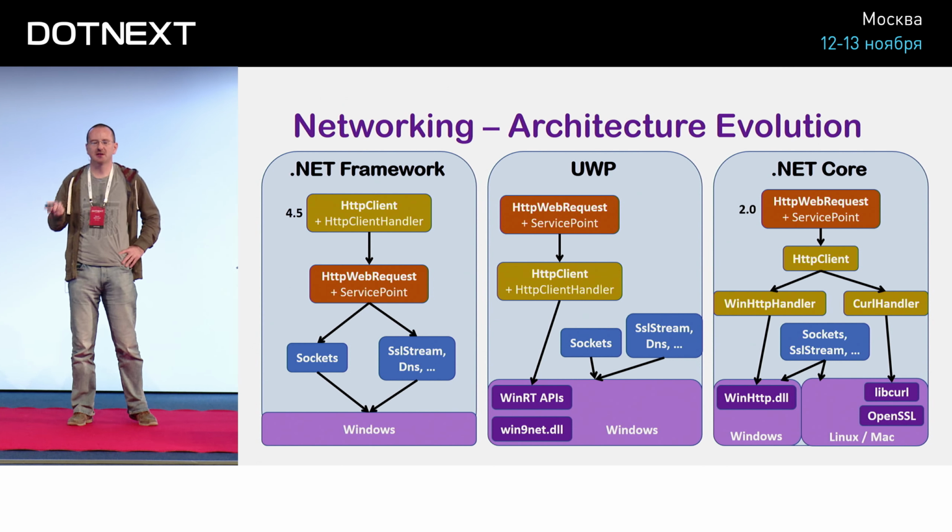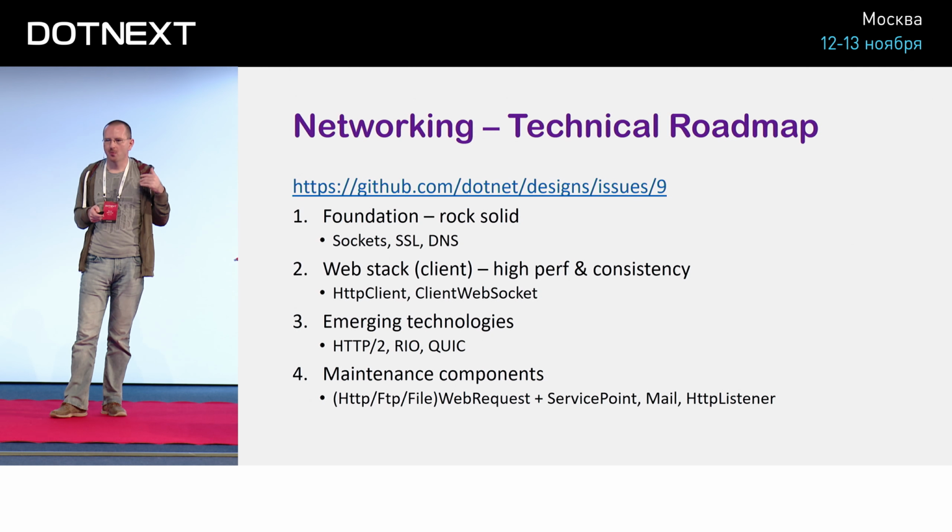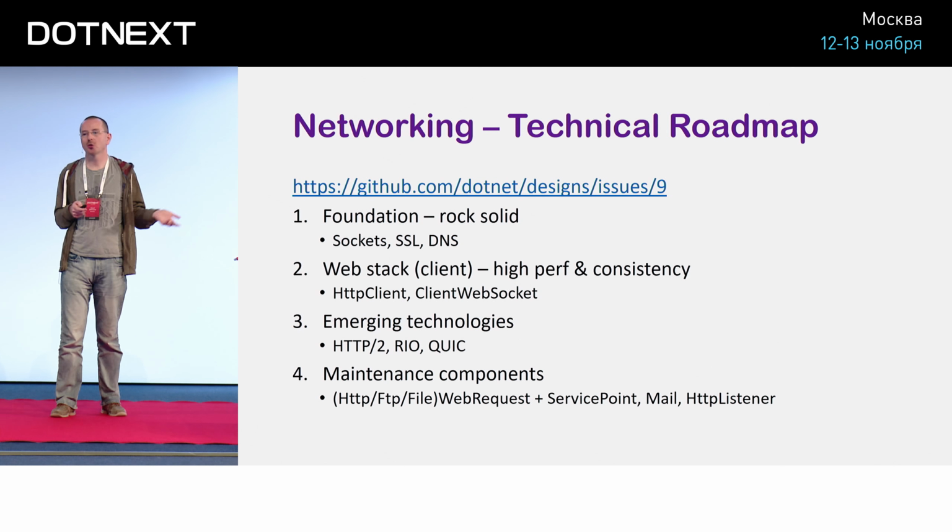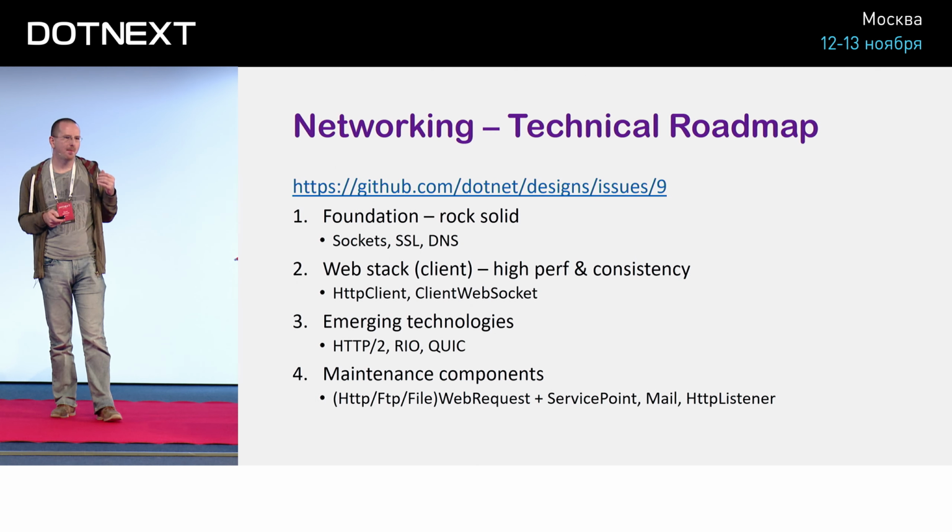The fourth bucket is obsoleted APIs. By obsolete, I don't mean something that we would throw away, but something that is in maintenance mode only. Those are things that we don't expect to evolve further. We don't expect to add the latest technology support to them, or to make them super performant.